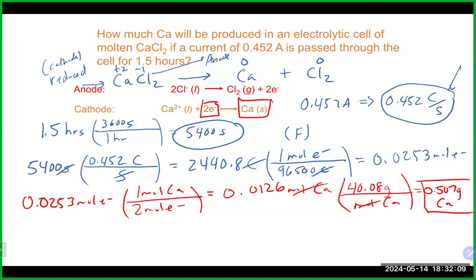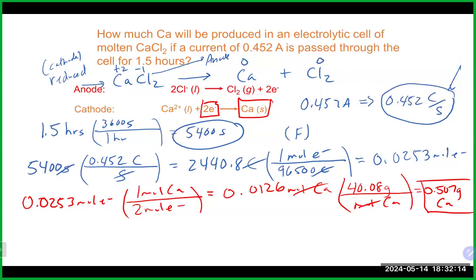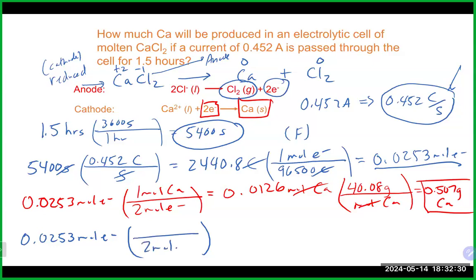Now, if we were interested in chlorine, we could do pretty much the same deal. We could pick it up with our moles of electron. We could go to chlorine's half reaction, and we see it's a similar type of setup. We got 2 moles of electrons gives us 1 mole of Cl2. That's going to give us 0.0126 moles of Cl2.